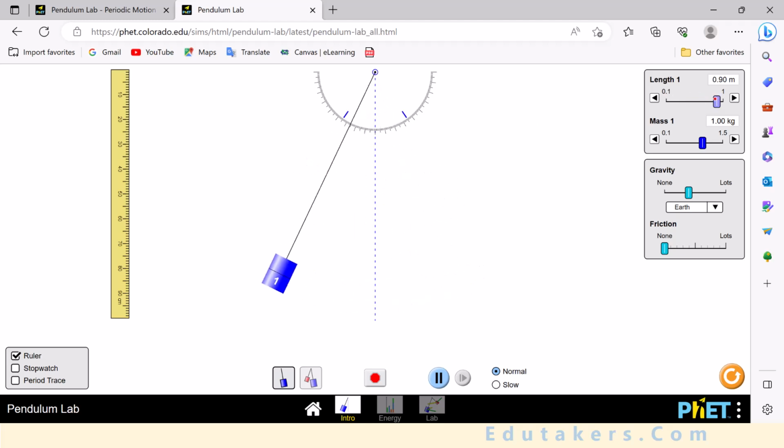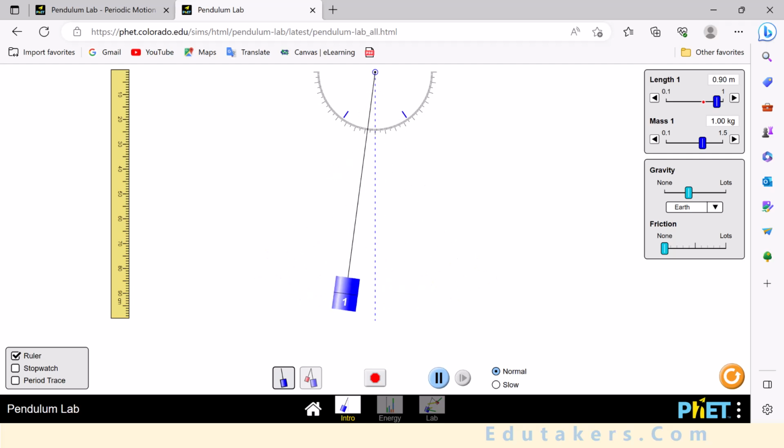Here you can see I increase the length from 0.50 to 0.90 meter. Then this pendulum swings very slowly. It means that it takes more time to complete one vibration. So I can simply say that by increasing the length, the time period also increases, because the pendulum takes more time to complete one swing.